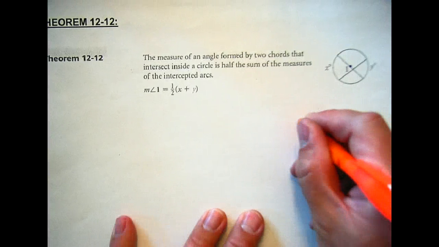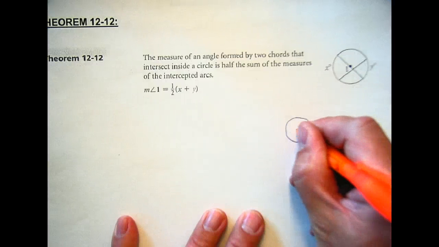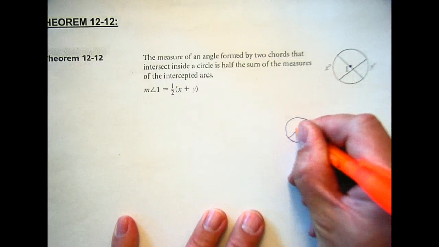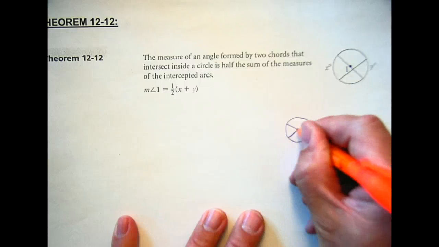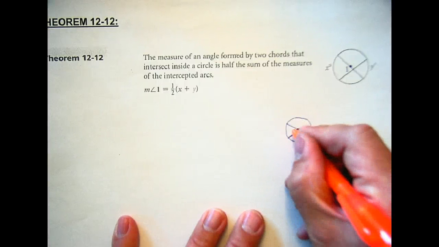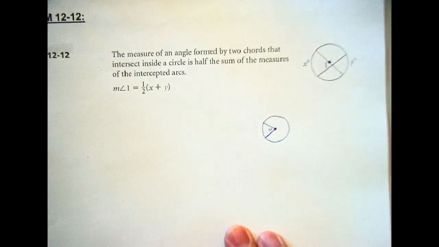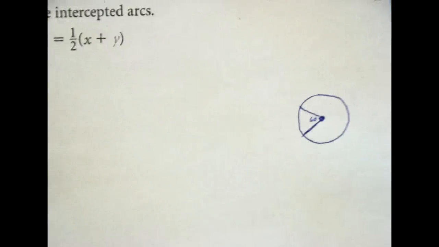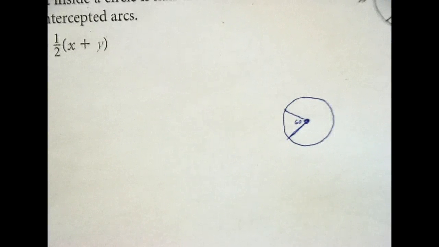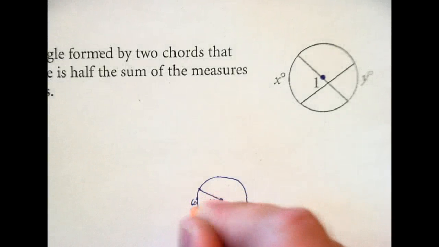In a circle, don't confuse these angles that we're dealing with here with a central angle. I know a central angle is a way cool angle because it's central and all, but let's say that's 60 degrees. Okay, it's really tough to see there. Let's say that's a 60-degree angle. That makes this arc 60 degrees, or vice versa.